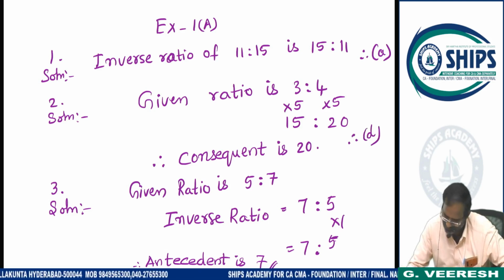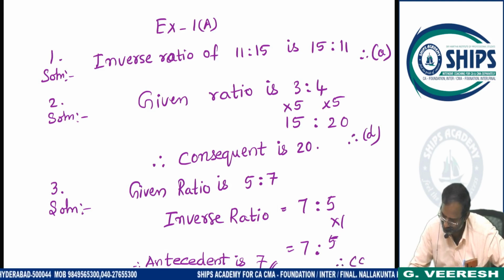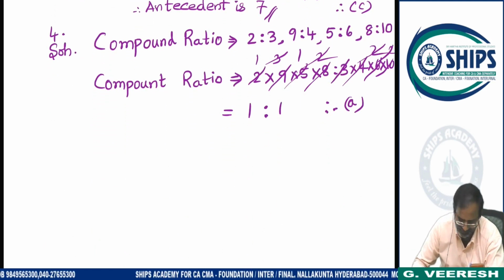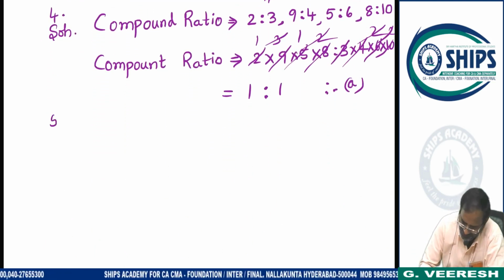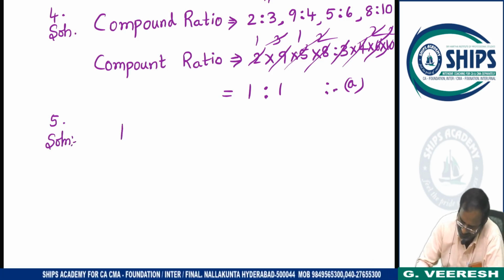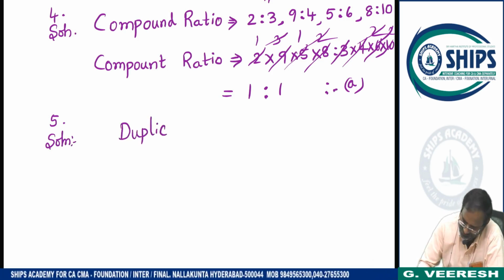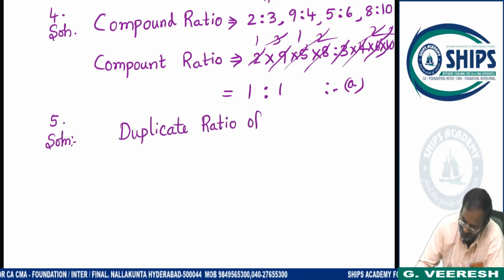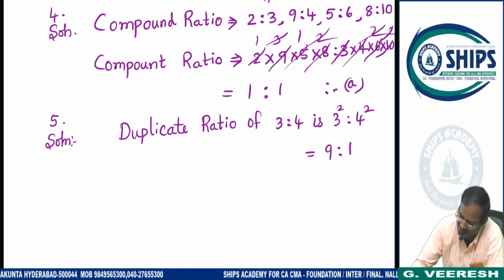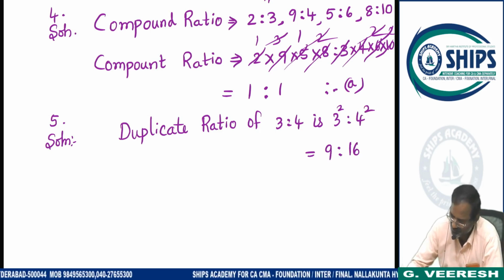Third option is C. Fourth option is A. Now the fifth one. Duplicate ratio of 3:4 is what? A square to B square, no. So 3 square is to 4 square. So it is 9:16. So C option.